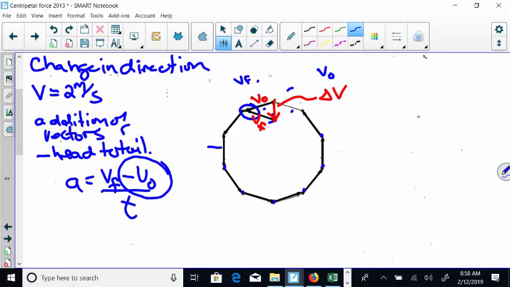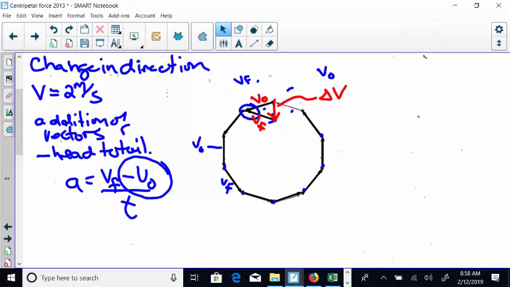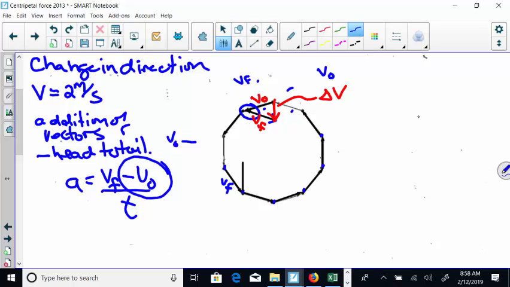So if I call this vector V initial and this vector V final, and I add them together, knowing that again I have to flip them because that's my definition, then again, right here, there is a change in velocity.